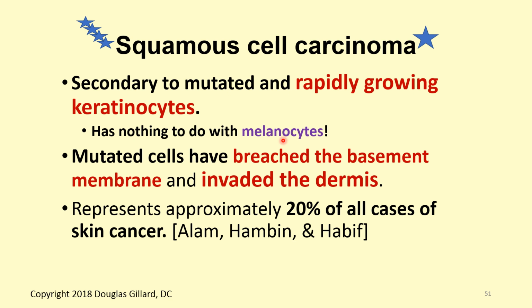That's any cancer, you could say. But these are cancers or mutations of keratinocytes, and have nothing to do with melanocytes. So for the mutated cells to become cancer, these keratinocytes had to breach into the dermis. All right, so that's cancer. About 20% of all cases of skin cancer, so that's a big chunk.